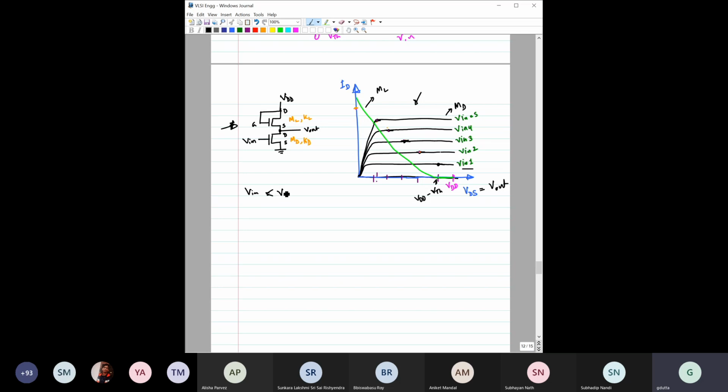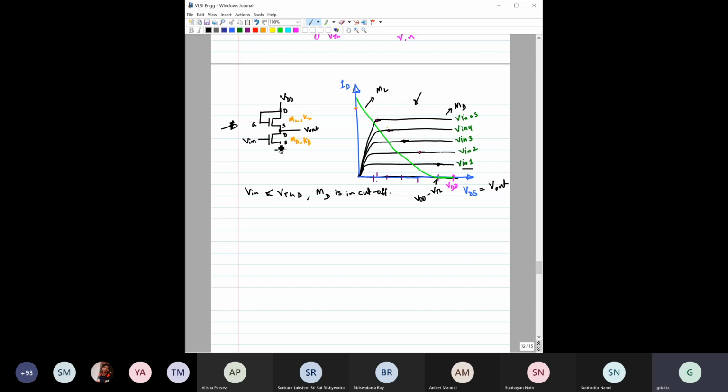So when this V input is less than VTHD, the MD is in cutoff, right?